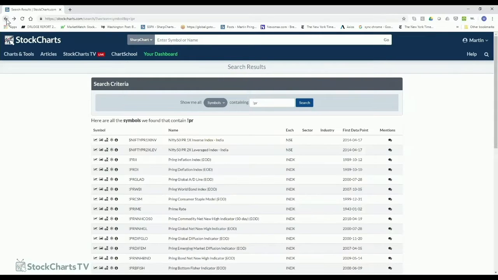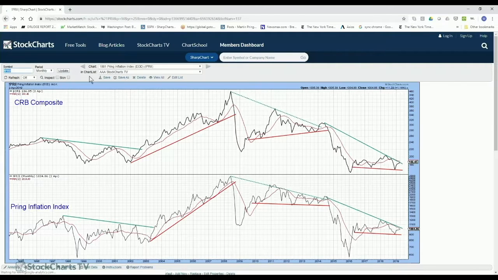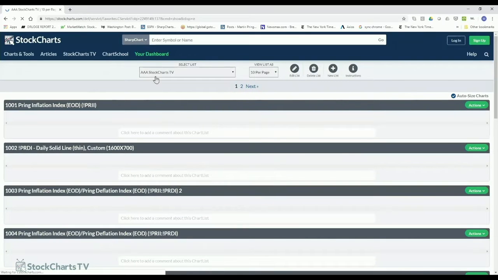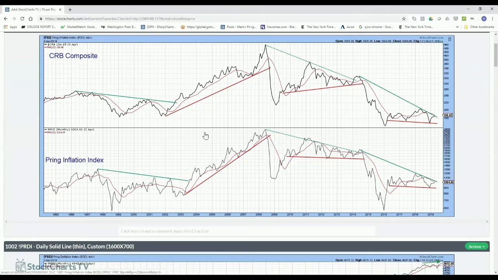So let's go back now to the presentation and look at our first indicator, which is the Pring inflation index, I should say. And this is a group of 4 different sectors or industry groups, S&P industry groups, and I combine them all into one indicator.